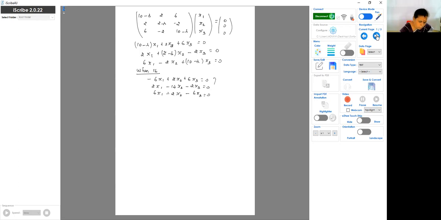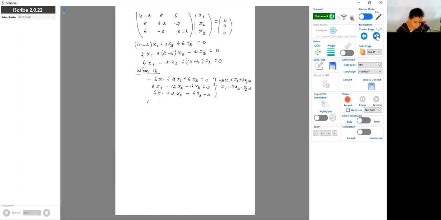So we are going to apply the cross multiplication rule using the first and second equations. Before that, we will simplify them into a smaller format. So it is minus 3x1 plus x2 plus 3x3 equal to 0. And the second one will be x1 minus 7x2 minus x3 equal to 0. Now to apply the cross multiplication rule, start from the second coefficient and end with the second coefficient.